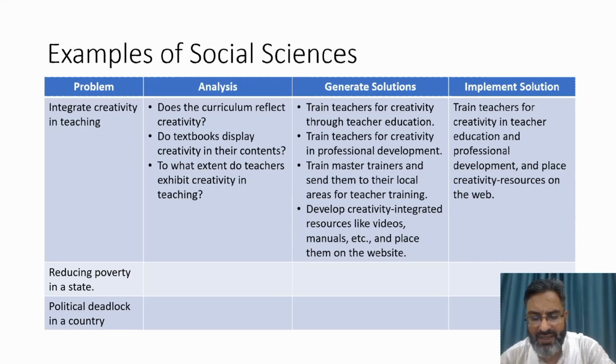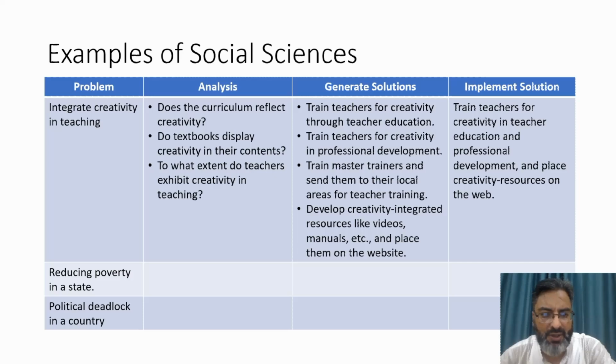No doubt in earlier cases, we analyze the situation in terms of symptoms and reasons as well. But in simple examples, we take the problem and then go for multiple solutions, which is basically the key area for the creativity of problem solving here.